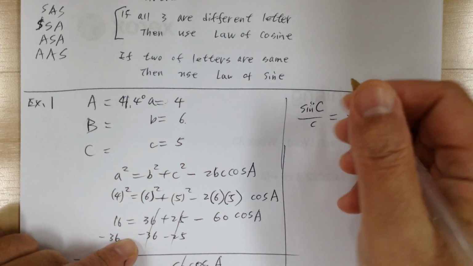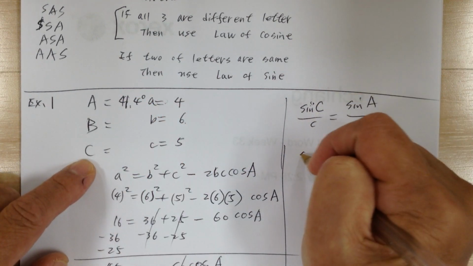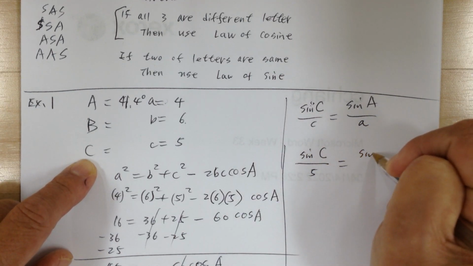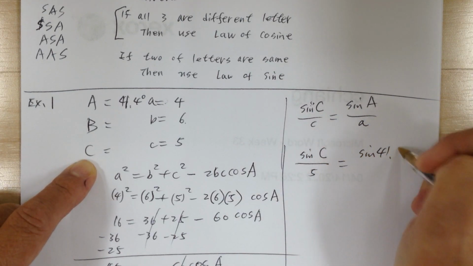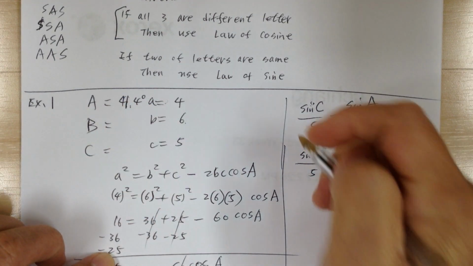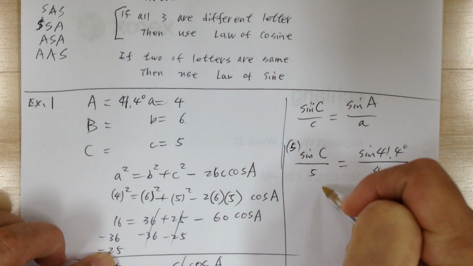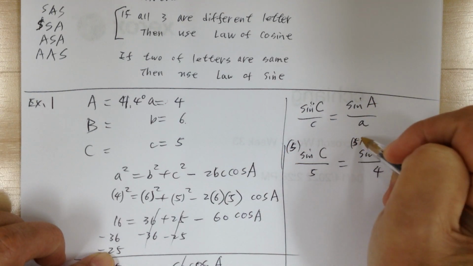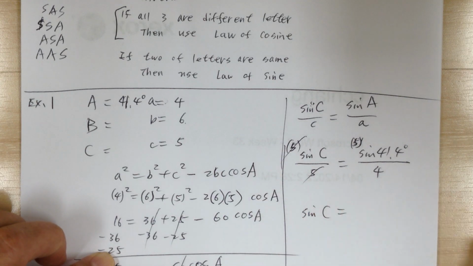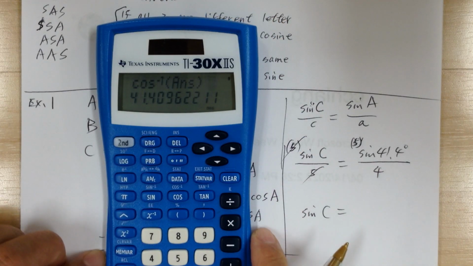So substitute: sine C over 5 equals sine of 41.4 degrees over 4. Multiply by 5 to get rid of the denominator, so this cancels out. Sine of C equals, so get your calculator.